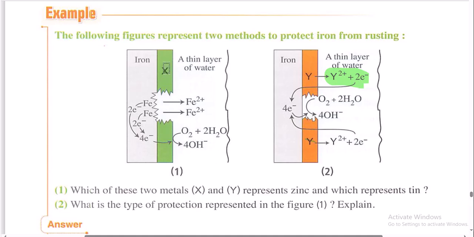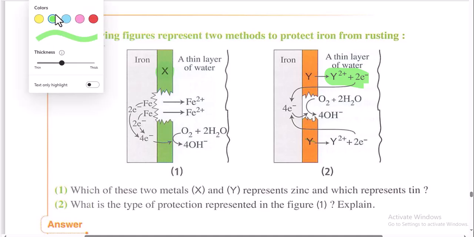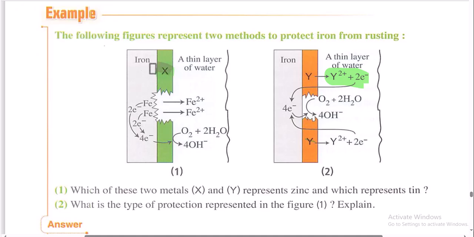So the metal X is tin, as when some scratching happens, the iron undergoes the oxidation process, and tin is less active than iron.